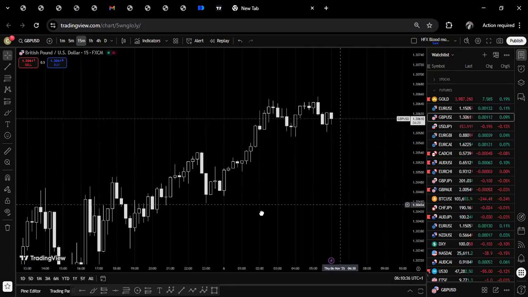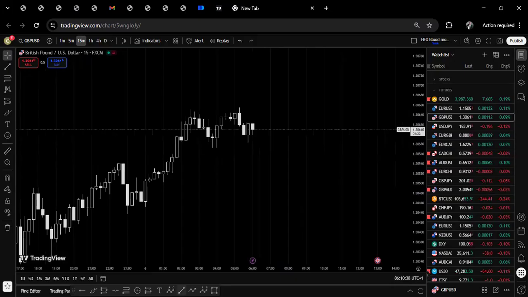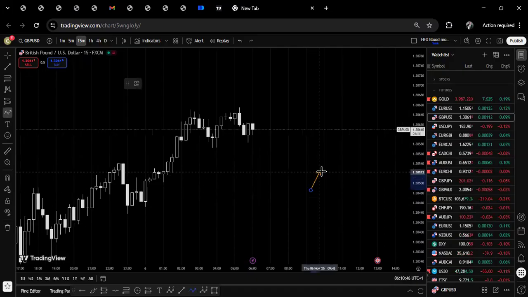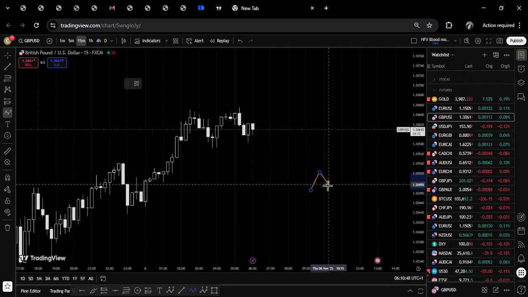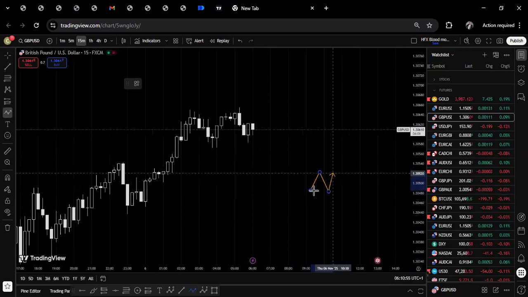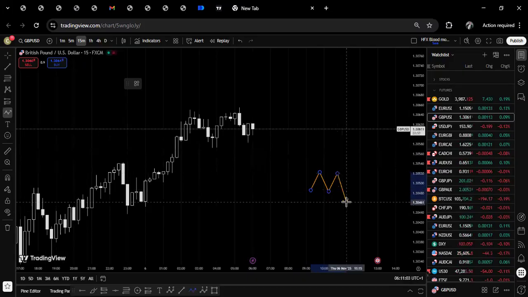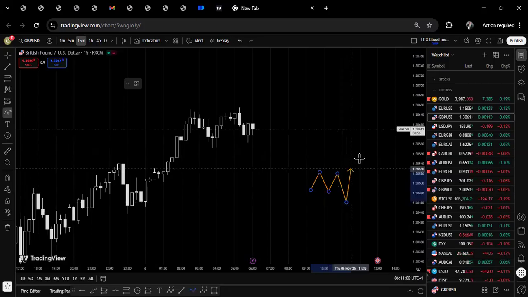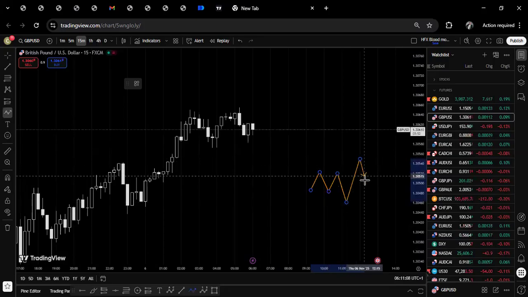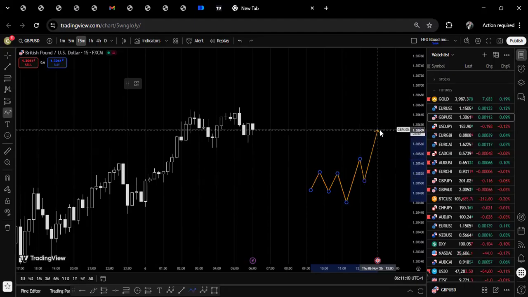Lower than this. I also have an ideology of how I see the market. If there is a move this way, I always expect the market to break this, then break this, then come back, then disappear.